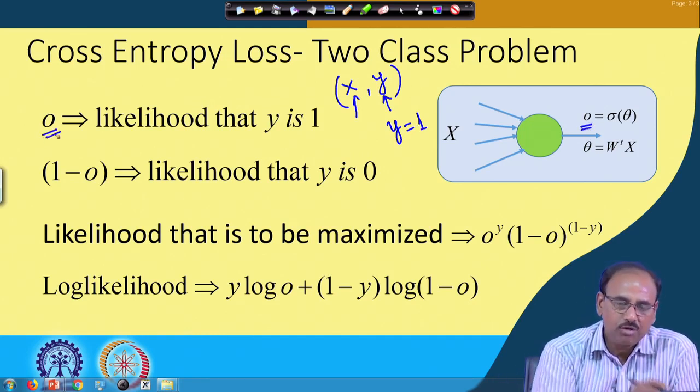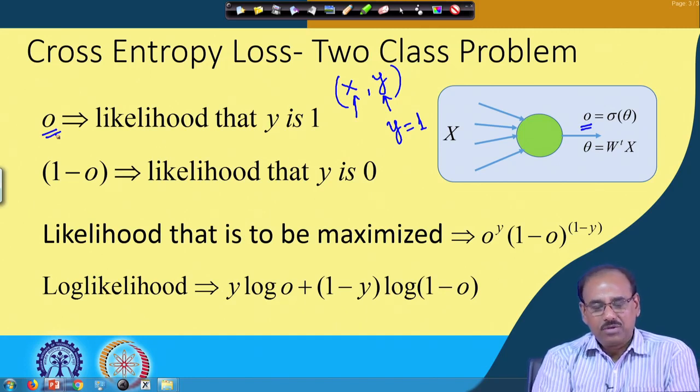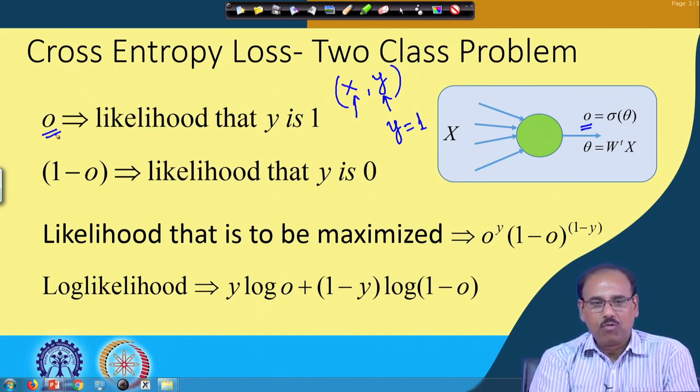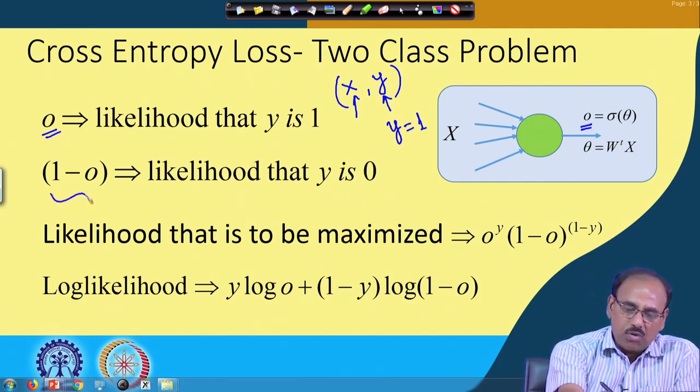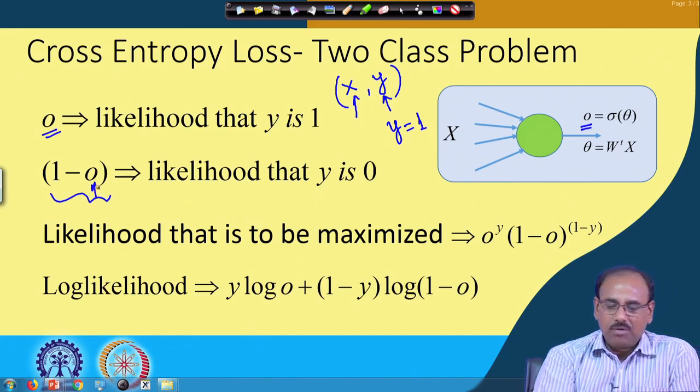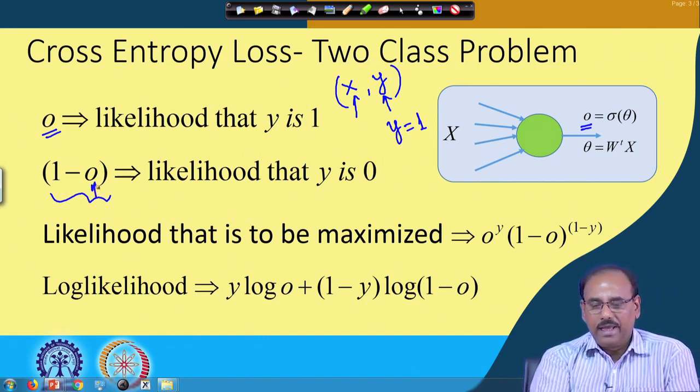Whatever the output is, this output gives you the likelihood that y is 1. In the same way, if y is equal to 0, that means the training vector belongs to the other class, then 1 minus O, where O is the output of the neuron, gives you the likelihood that y is 0.